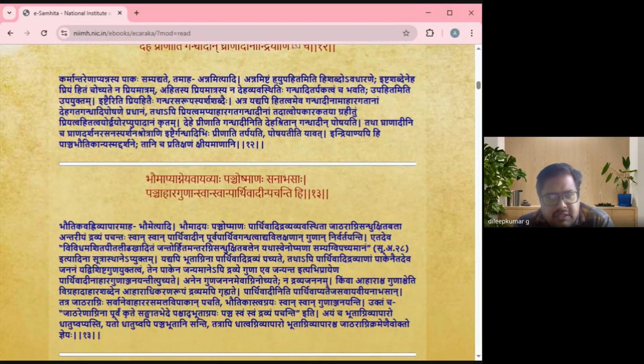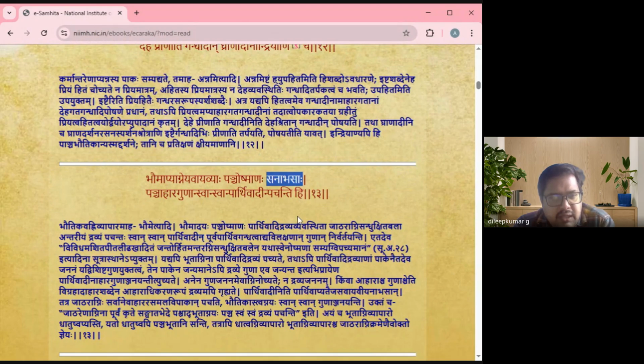So as the Pachakagni is there, main Agni is there, in the same way, Panchamahabhutas also will have their own Agni, that is Bhauma, Apya, Agneya, Vayavya, Nabhasa. Nabhasa means Akasha. There are five Agni related to Panchamahabhutas also. These Agni will analyze and select based on the Panchanam Gunan, Swan Parthivadin Pachati.